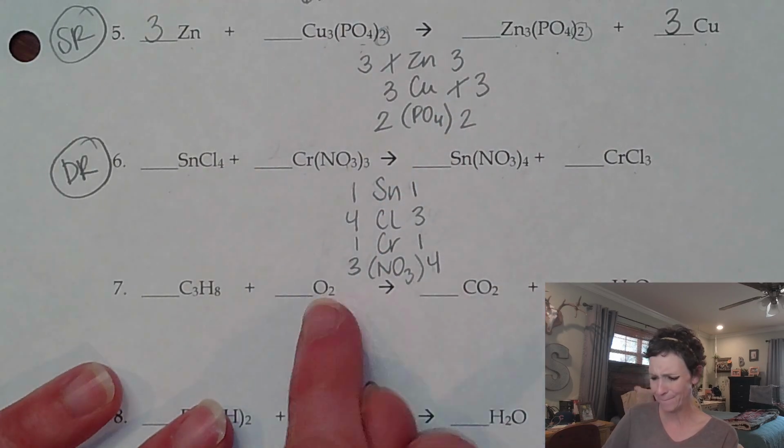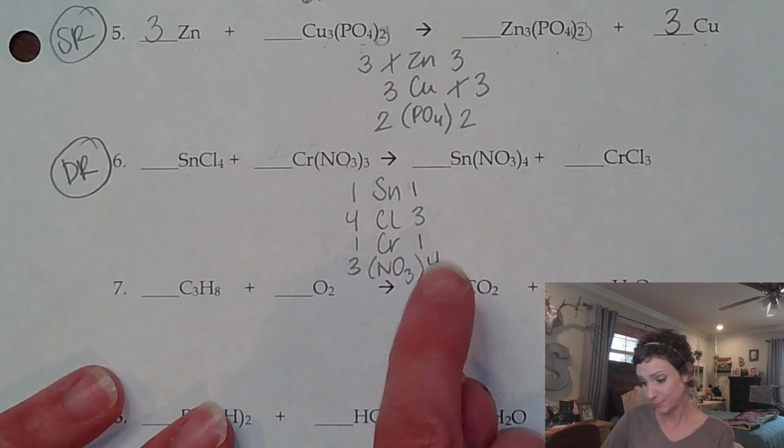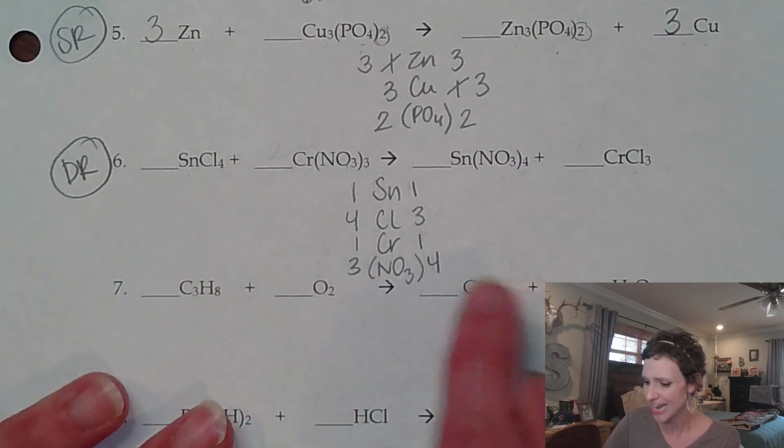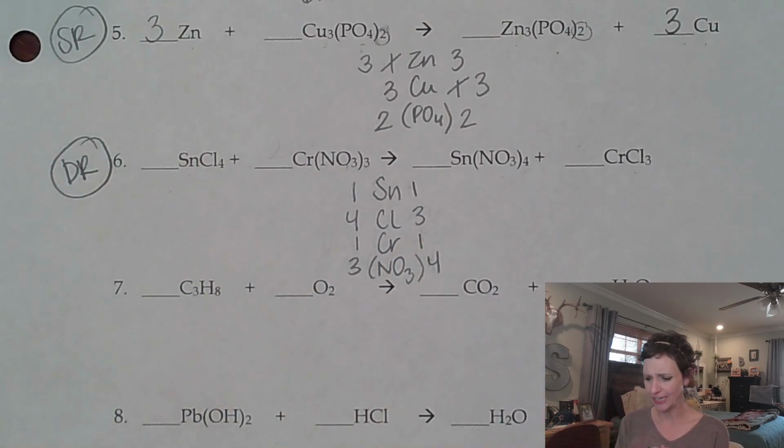When I start getting bigger numbers like this, and these big numbers are coming from, thank you, transition metal tin, who's got a +4 charge, I start getting a little bit swirly, and I'm going to anticipate having maybe some bigger coefficients than I would usually see, or bigger numbers of each atom on each side.